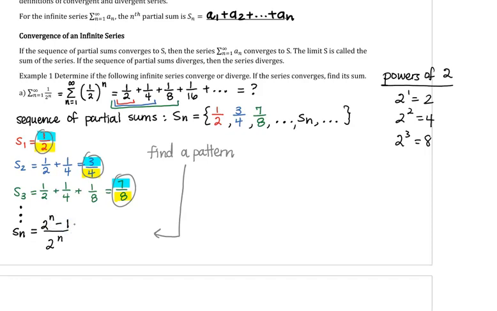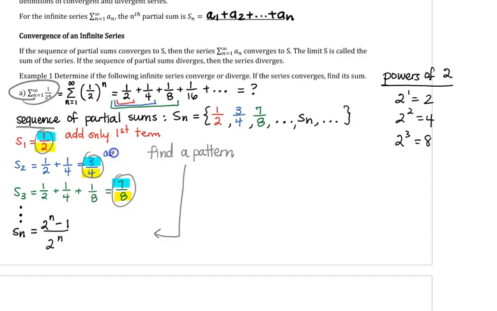I want to pause here and point out that in this lesson, one of the skills that you need to have is to be able to start with a series and form a sequence of partial sums. So tell me, what do you get when you add only the first term?